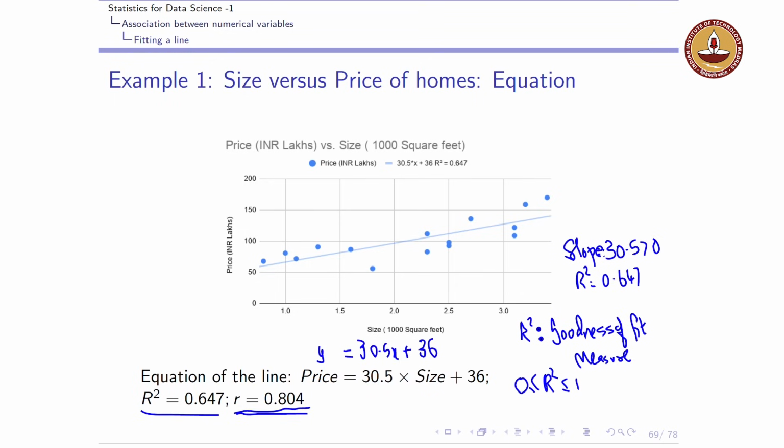Recall my correlation coefficient was 0.804. An interesting observation: if I square this correlation coefficient, 0.804, I get 0.647, which is precisely the value of my R square.